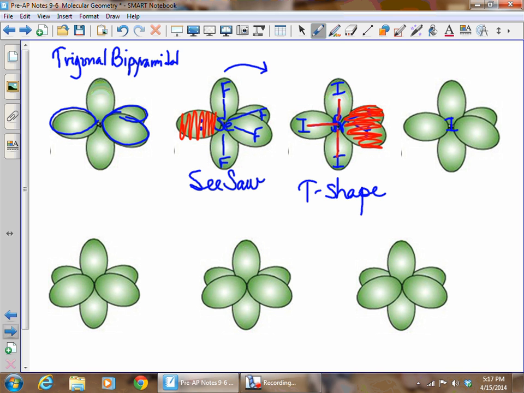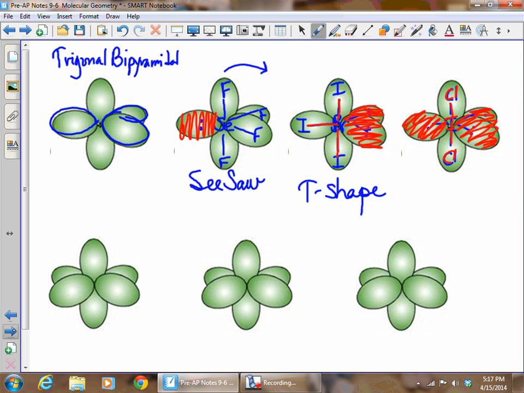We've got I in the center, we've got Cl top and bottom, and this time all of our lobes out here in our equatorial position are lone pairs. And if that's true, then I've got all of these we have to imagine not being able to see, and all that's left over is this linear structure here.